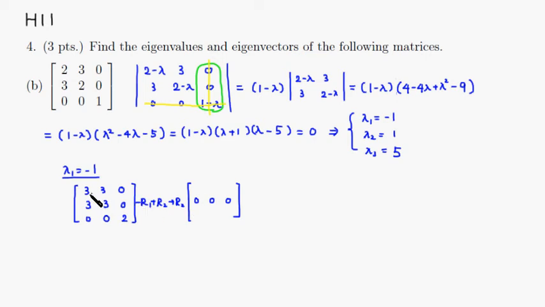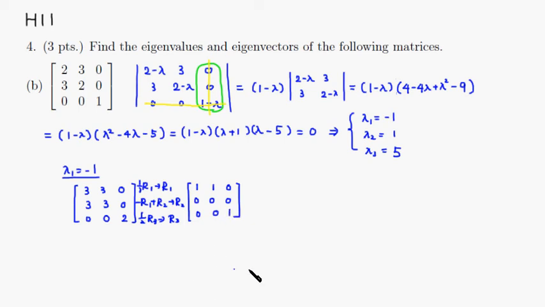I'm a little lazy, so I'll multiply row 1 by 1/3, giving 1 1 0. Then I'm going to multiply row 3 by 1/2, giving 0 0 1.